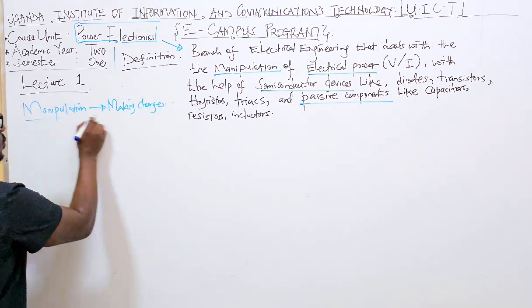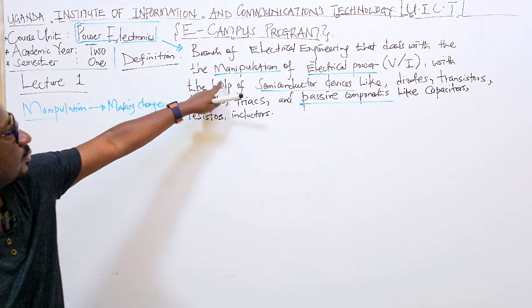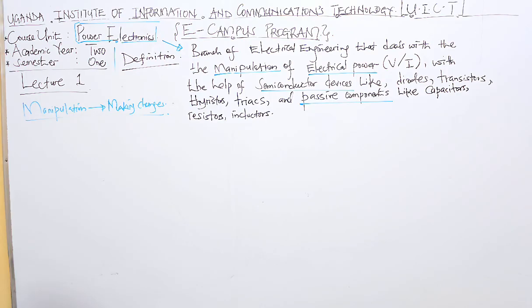So these two terms could interchangeably be used. So manipulation of electrical power with the help of semiconductor devices like diodes, transistors, thyristors, triacs, and so on and so forth, and passive components like capacitors, resistors, and inductors.